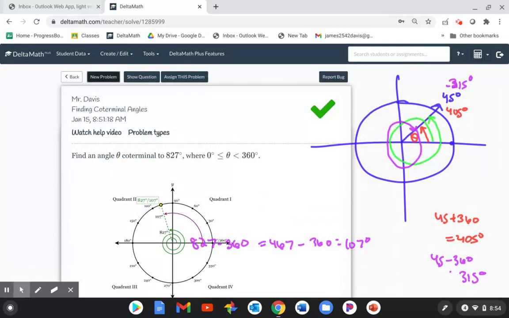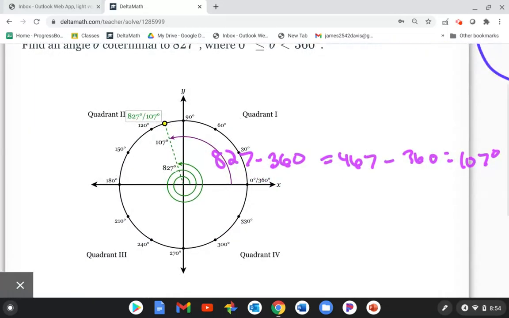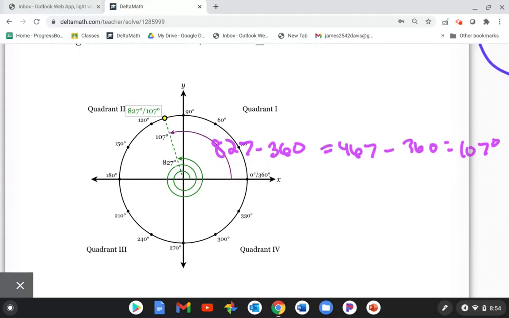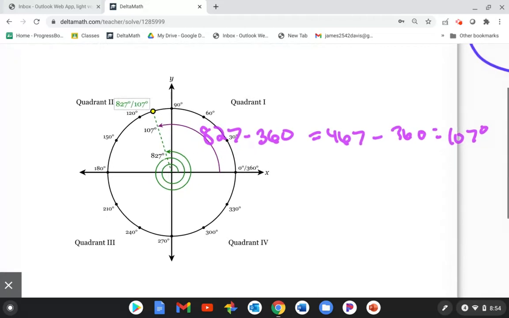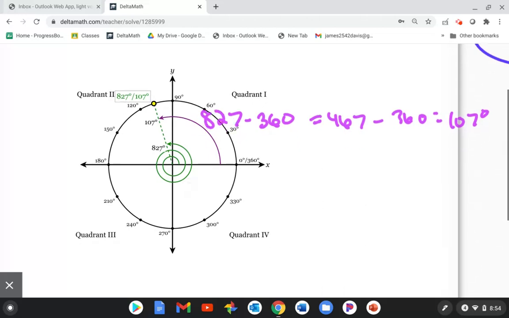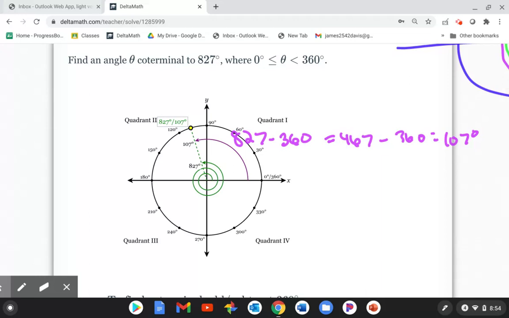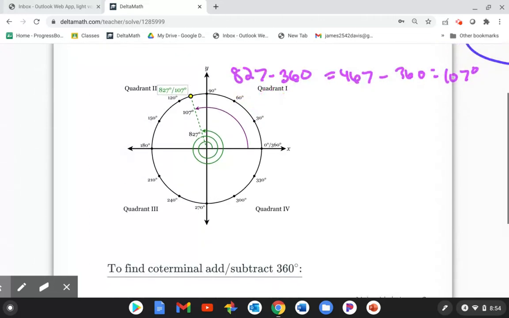So we just keep doing it until we get the right one. And you can see here they drew the angle. This just goes around the circle. We trace around once, goes around one time and then around again, and then ends there at 107 degrees. So basically it's doing 2 loops around, and then it ends at the same spot that 107 degrees would.